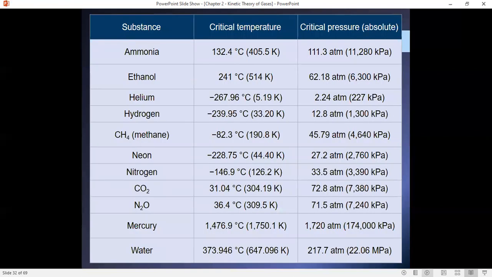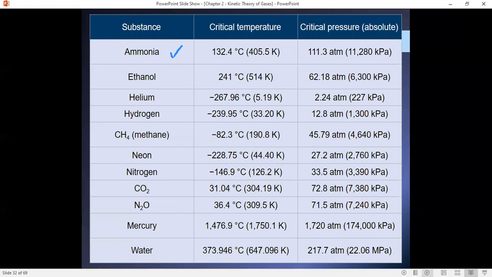So let's look at some different substances and their critical temperatures. So we see that ammonia will not be a liquid above 132 degrees Celsius. And ammonia was actually used as a refrigerant originally. So it was a very, very important material.